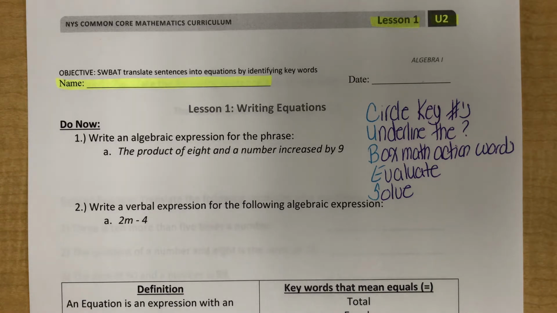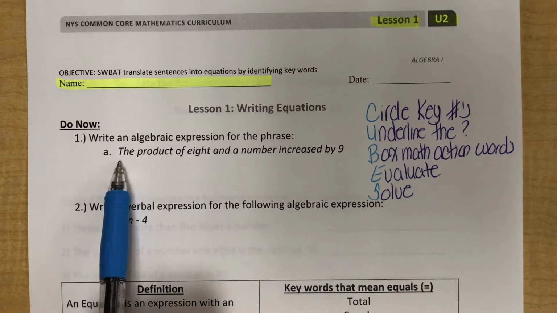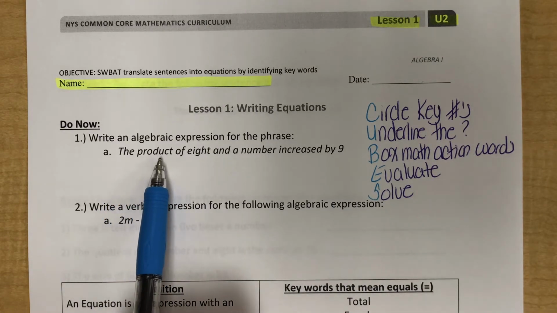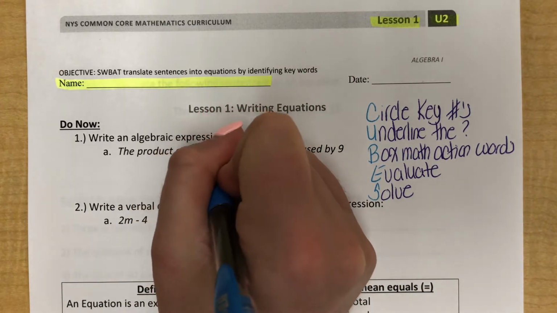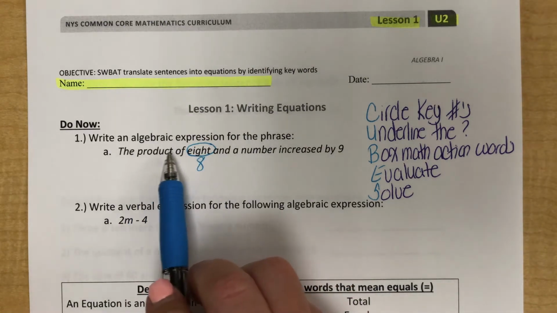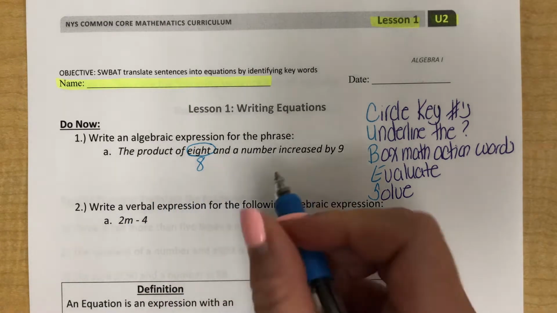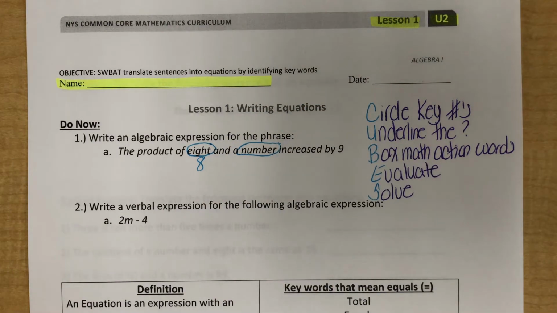So again, part A is telling us I want to circle key numbers. As I'm reading through, I'm going to circle any numbers that I see. So the product of 8 is a number, so I'm going to circle it, and I'm literally going to write the number 8. The product of 8 and a number. Now, I don't know what that number is, but it's going to end up being a number in the end.